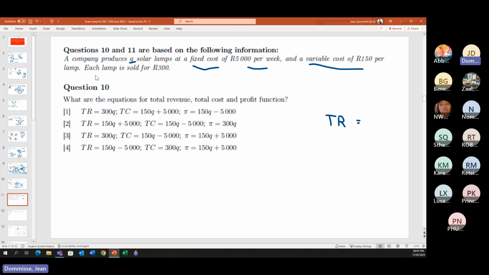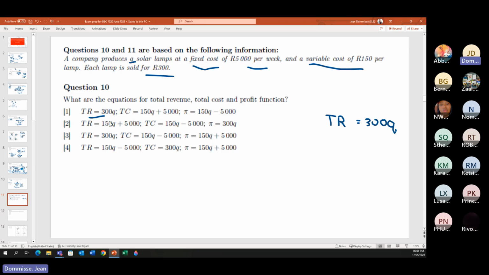So total revenue is how much I will get in. So it will be 300Q. Total revenue is basically what you will sell it for, 300 rand. However much you sell, that will be your total revenue. So if I now look at these options, which can happen?